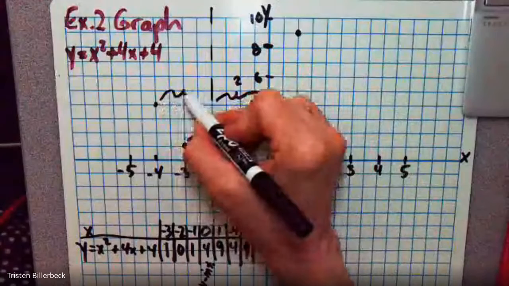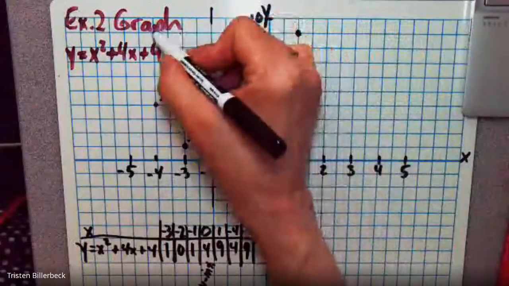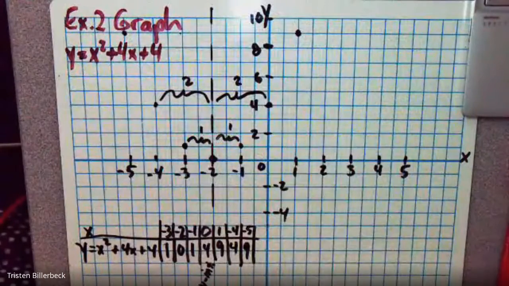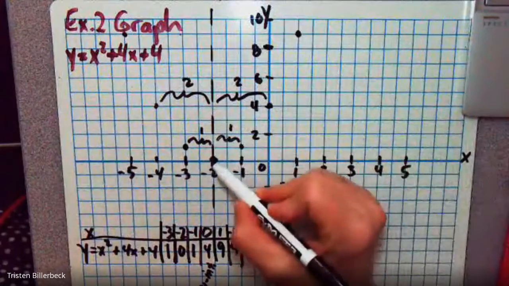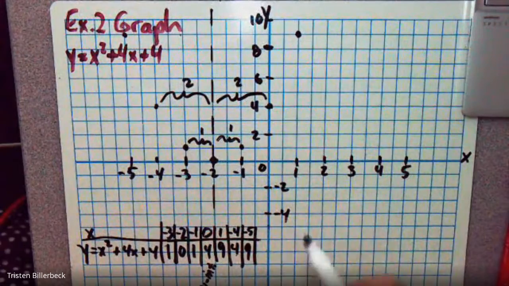So this is a distance of 3, 1, 2, 3, then count 1, 2, 3, and we have a point there as well using the axis of symmetry. So that's how we graph very quickly using what we know. So the more tools we have in our toolbox, the faster we can do math.